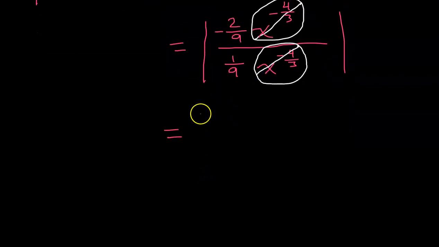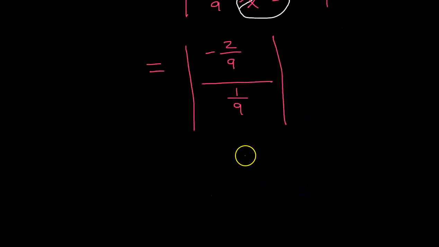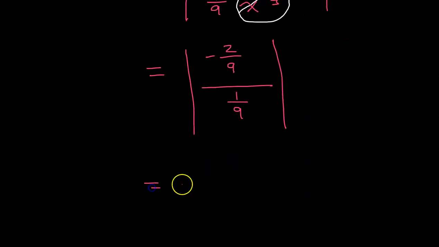So I'll go ahead and show the next step, even though you can probably see where this is going. In the numerator, I have my negative 2/9. In the denominator, I have 1/9. When you divide with fractions, you multiply by the reciprocal. So I'm going to have the absolute value of negative 2/9 times 9 over 1, if you will.